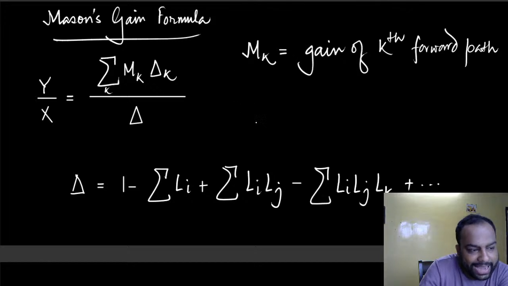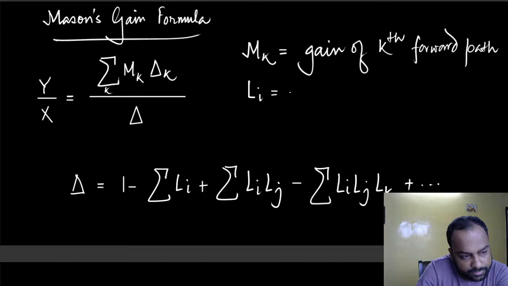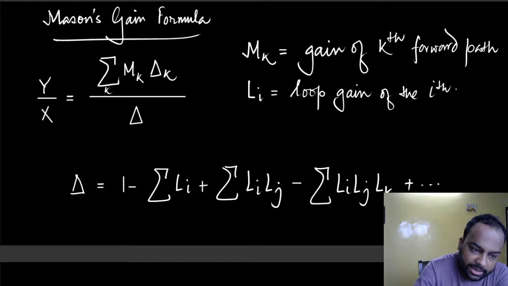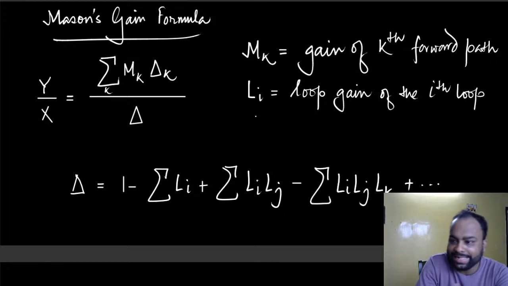Now li is equal to loop gain. I'm going to explain everything, don't worry. Loop gain of the ith loop. All right. Similarly, lj is the gain of the jth loop, right?